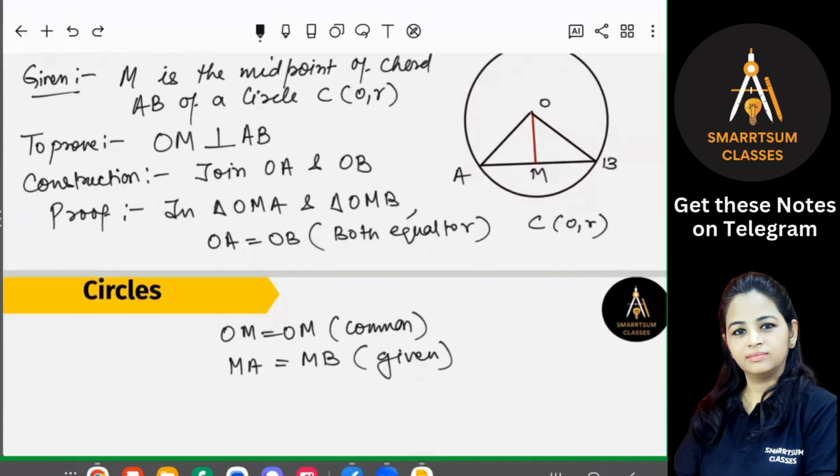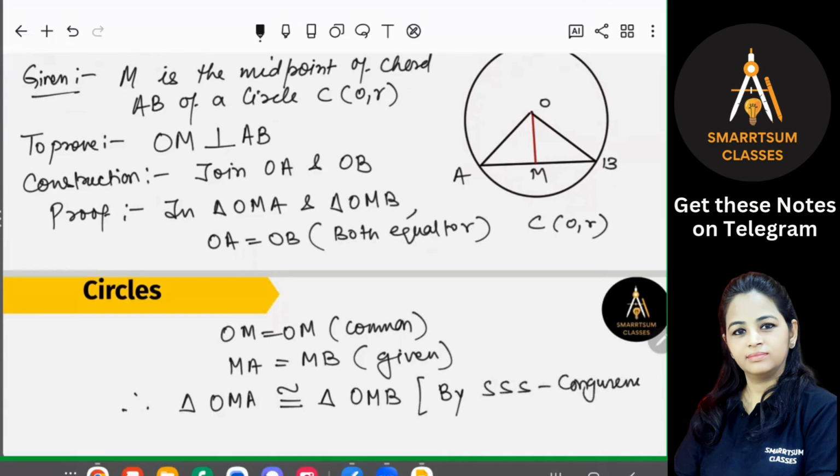By SSS, side, side, side. So write down: therefore, triangle OMA is congruent to triangle OMB by SSS congruence criteria. So by SSS congruence criteria, we have proved that these two triangles are congruent to each other.